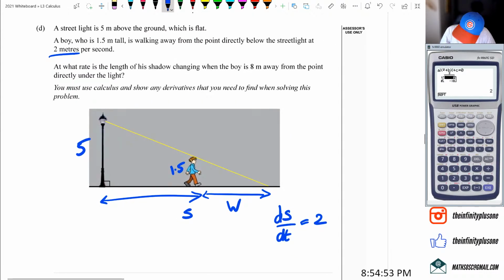So that could be written as, they're asking for dw dt when he is 8 meters away. So when he's 8 meters away, 8 meters away from the point directly under the light.